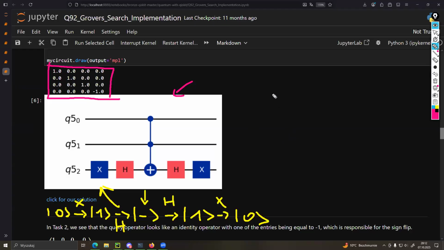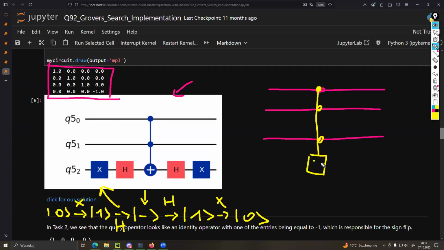Suppose we have 3 qubits. I have them here, here, and here, and here I state that this is already a minus state, and here I state that this will be a 0.